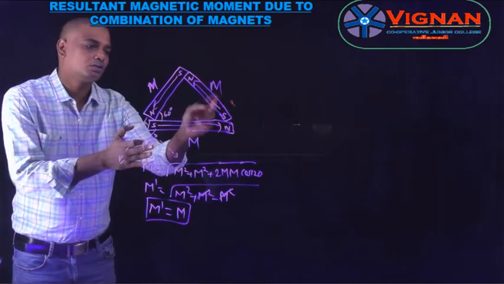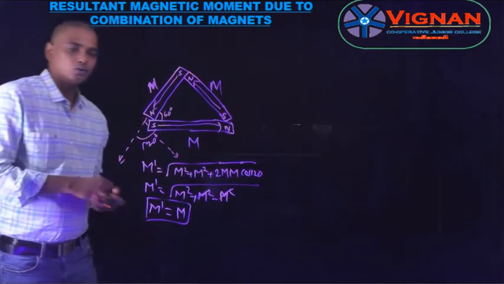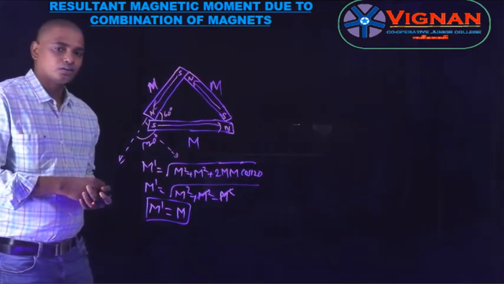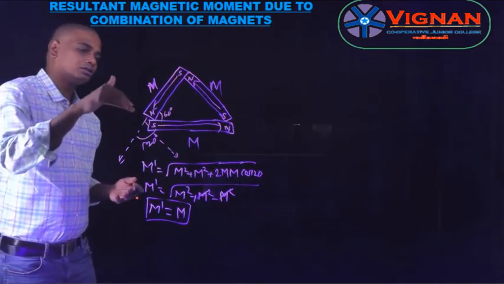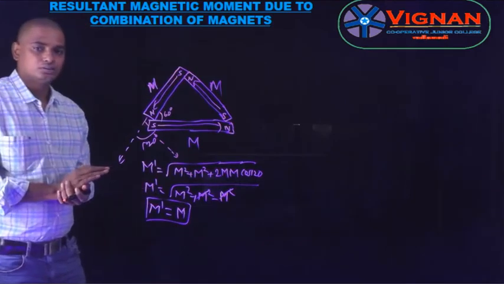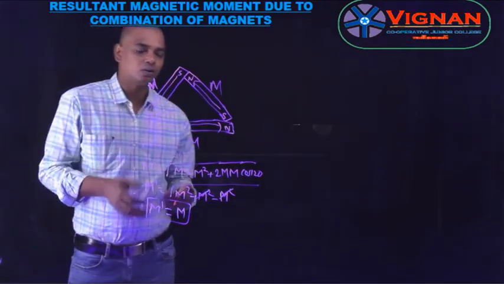You can observe, these two bar magnets are placed one above the other, and the directions are opposite. So the angle between these two will be theta equal to 180 degrees.